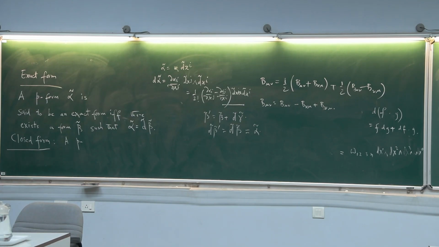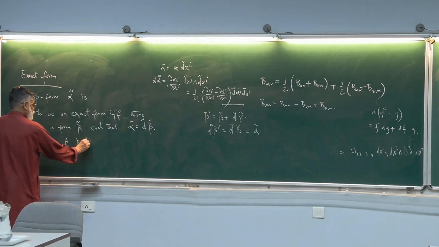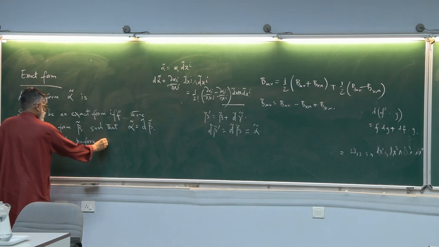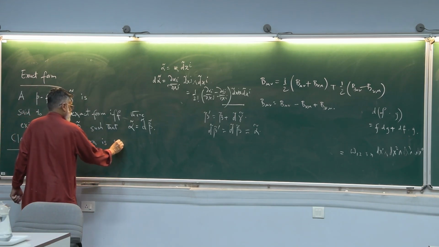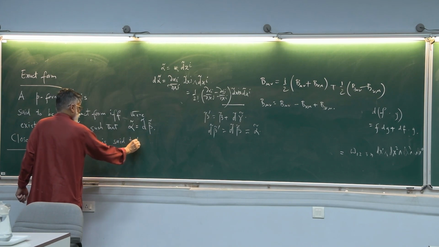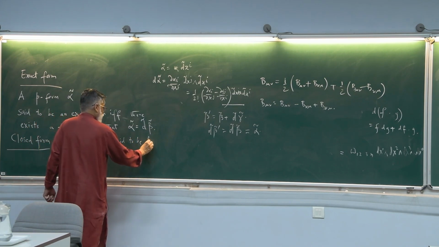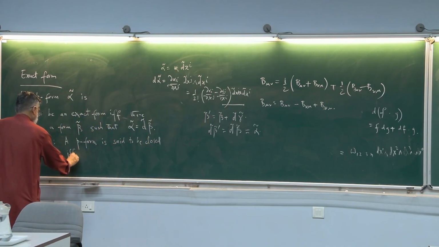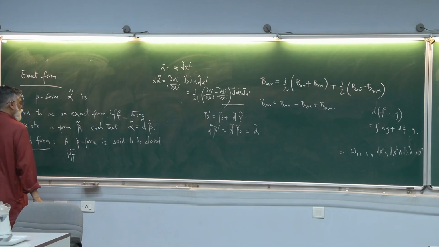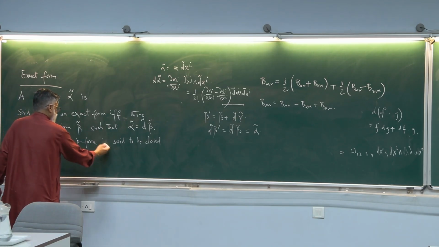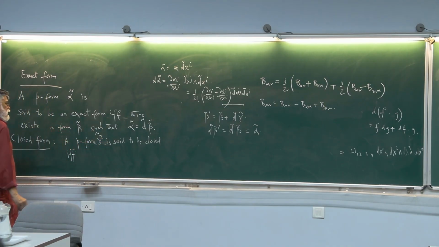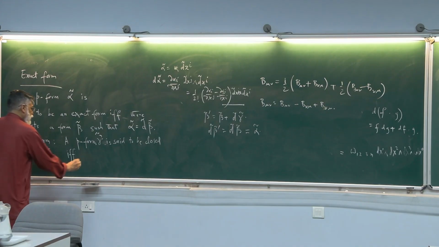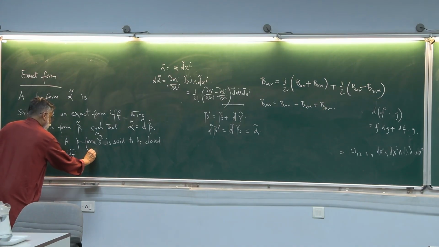A closed form: a p form gamma is said to be closed if and only if d of gamma is 0.